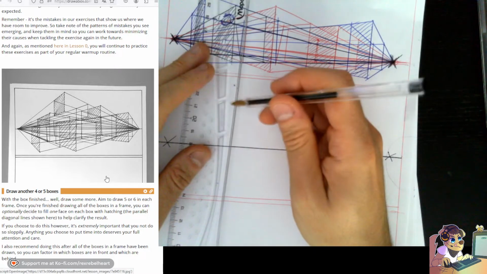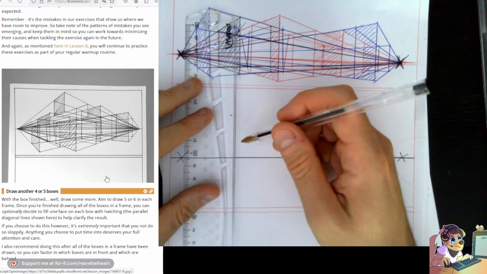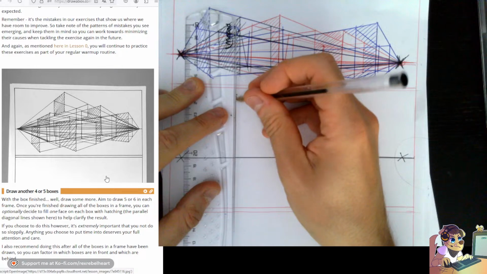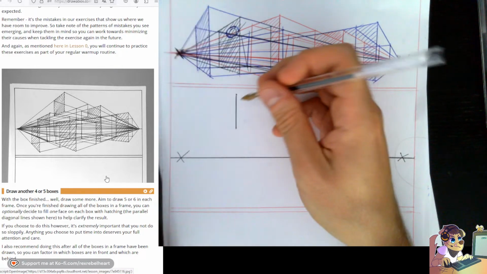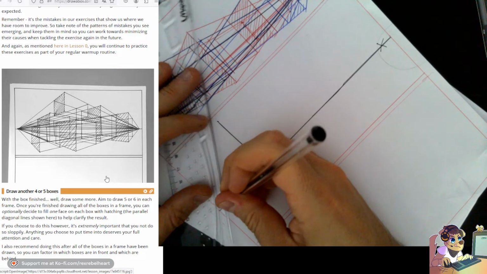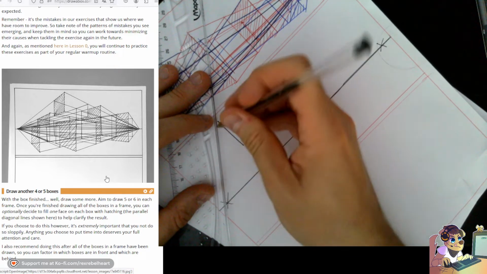Yeah, so he was doing ones that were floating in the sky as well. I guess I should do whatever I want, but I guess I should experiment with that concept also.